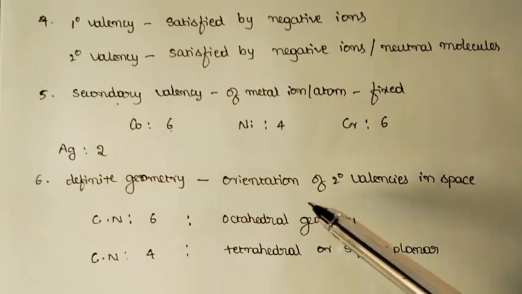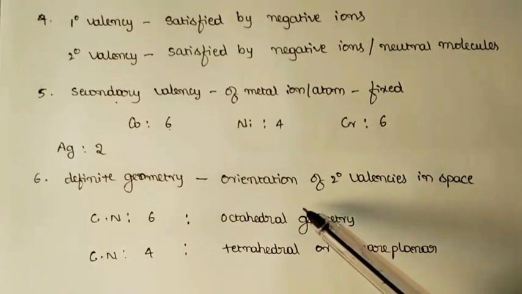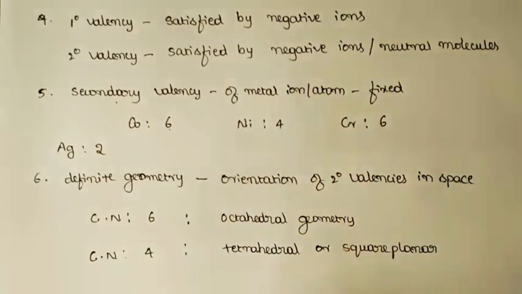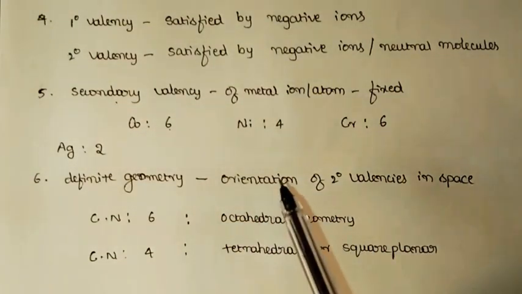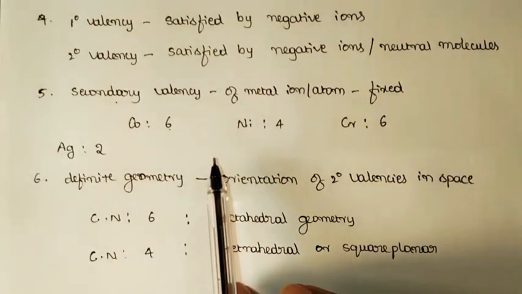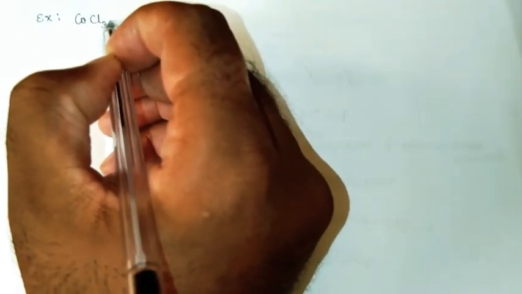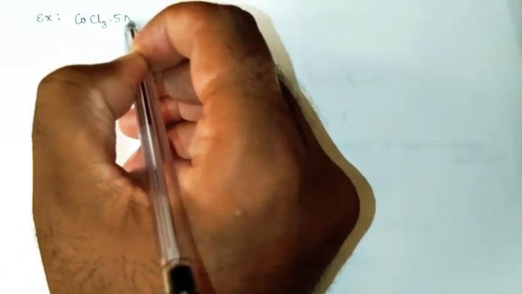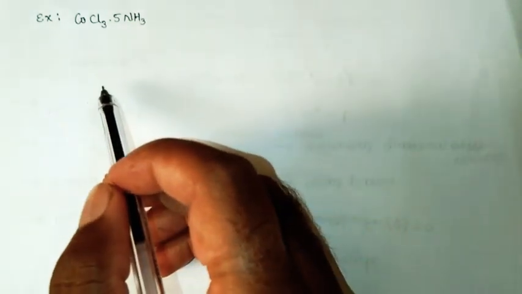And now we shall consider one or two examples in order to apply the postulates of Werner's theory, so as to explain the exact molecular formula and exact geometry of the given coordination compound. Let us consider the example of a cobalt complex with the constitutional formula CoCl3·5NH3.